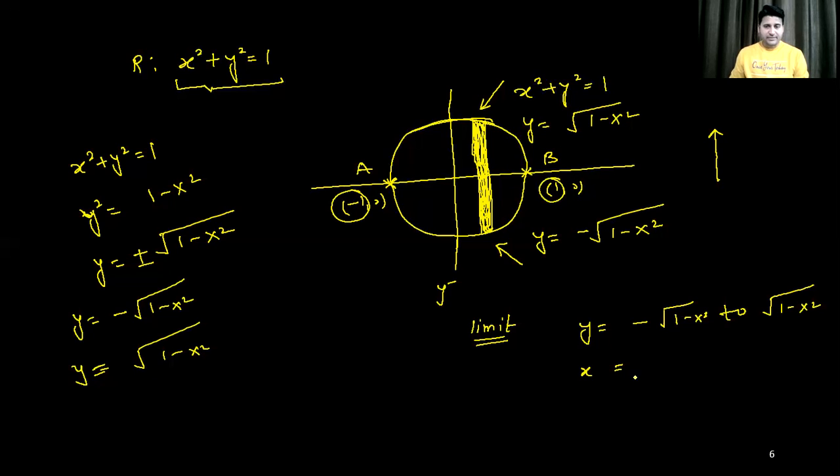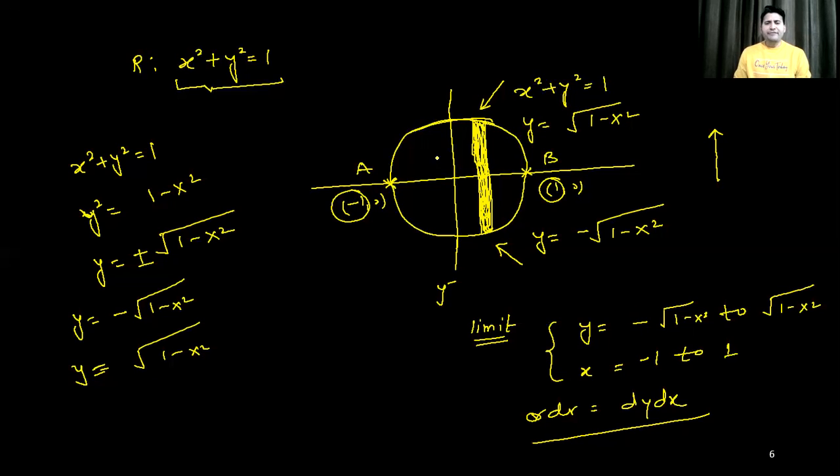Plus 1. So the limit of x will be minus 1 to plus 1. Moreover, the order of the integral in this case will be dy dx. Means when we put the limits of the integral, firstly we do the integration with respect to y, then with respect to x. I hope you understood the concept.